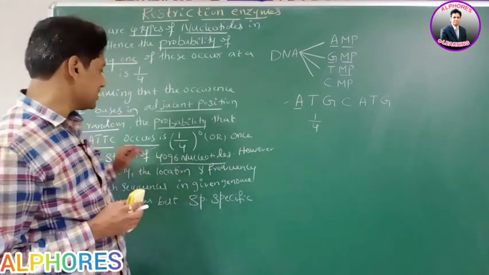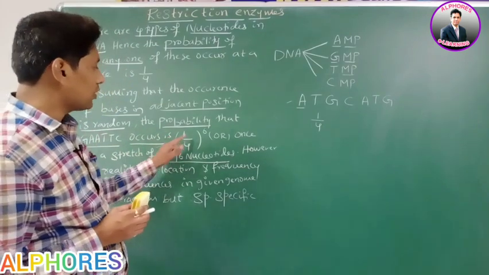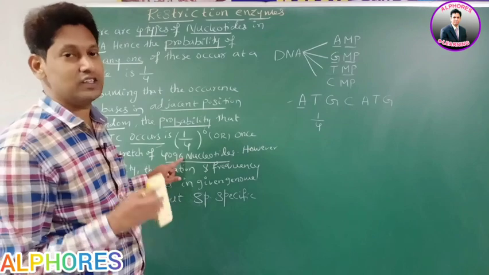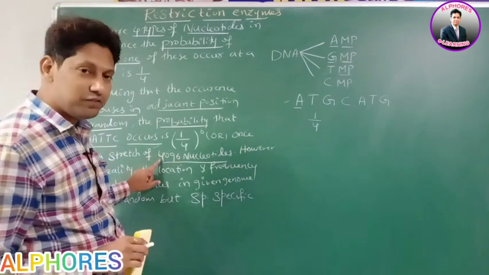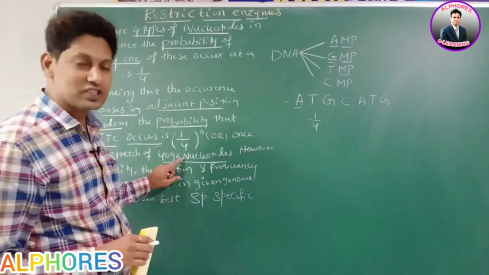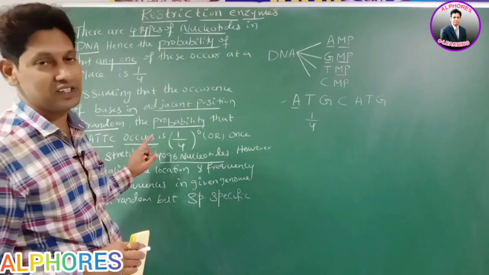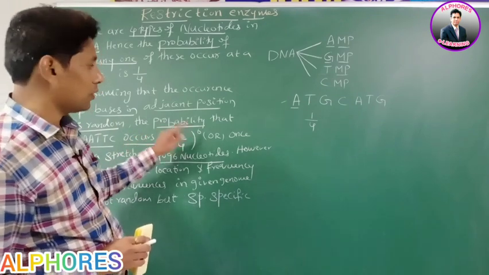Therefore, the probability of the GAA-TTC sequence is 1/4 to the power of 6, that is 4096 nucleotides. For every 4096 nucleotides, this GAA-TTC sequence will repeat. How did we get this 1/4 to the power of 6?